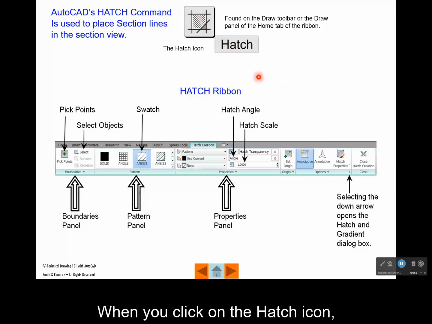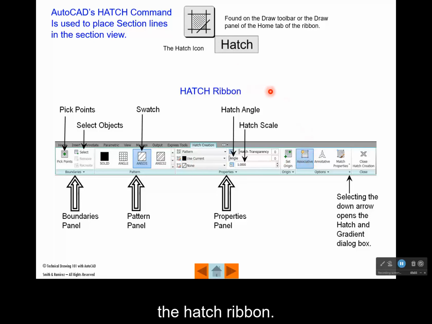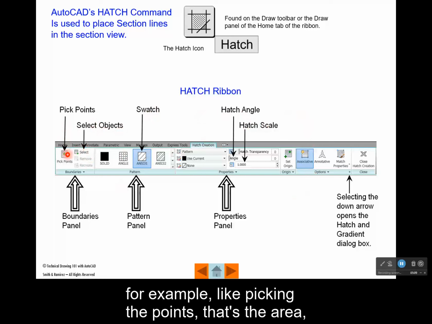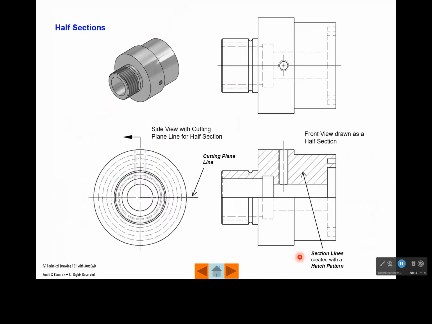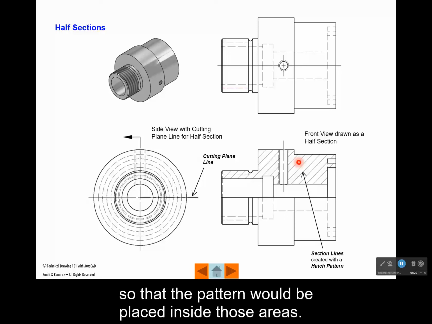When you click on the hatch icon, your ribbon is going to change, and it's going to turn into the hatch ribbon. And there are some things on there that you'll deal with, for example, picking the points. That's the area. That would be picking inside here and picking inside here so that the pattern would be placed inside those areas.